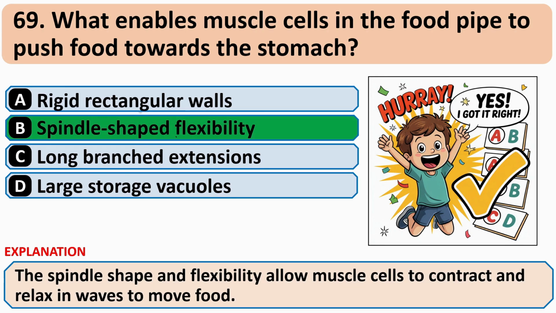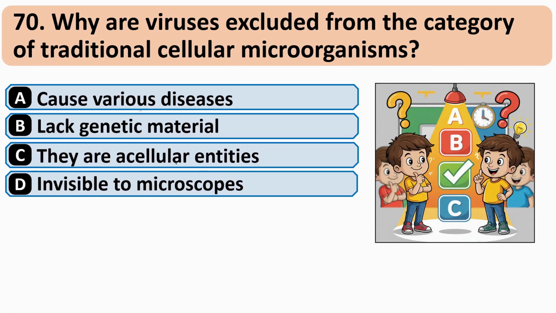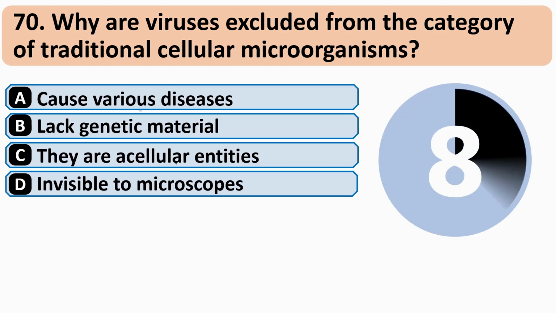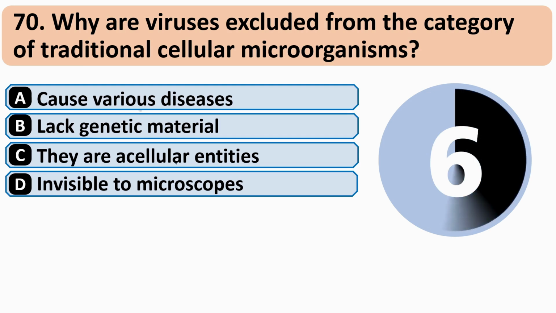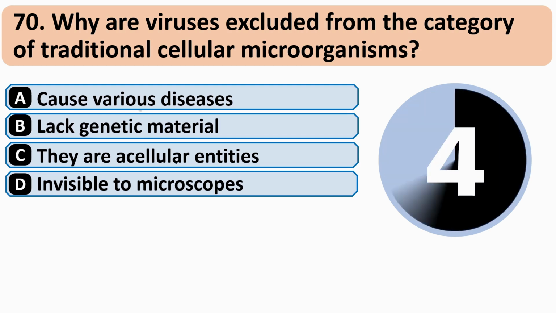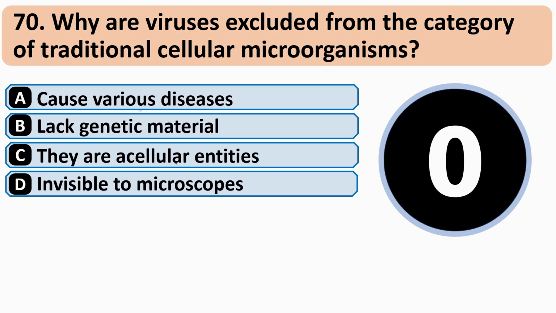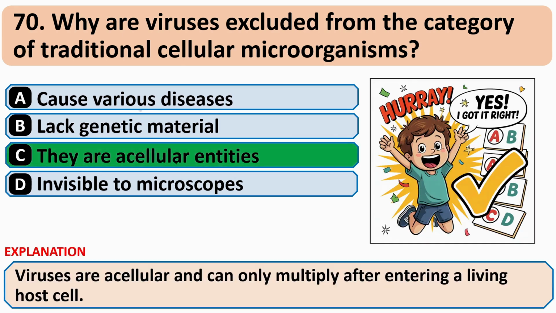And correct answer is B, spindle shaped flexibility. Why are viruses excluded from the category of traditional cellular microorganisms? And correct answer is C, they are acellular entities.